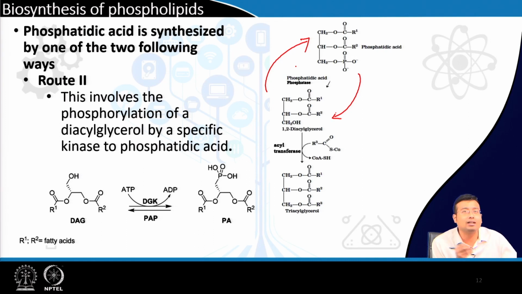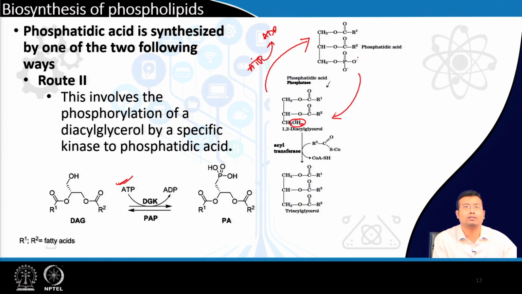So, there is another route by which, depending on the requirement, phosphatidic acid can be synthesized from diacylglycerol with the help of the enzyme diacylglycerol kinase. Whenever there is a kinase enzyme, we need someone to donate the phosphate group, and in this case it is adenosine triphosphate. ATP donates the phosphate group, one ATP is hydrolyzed and converted to ADP, and with the help of kinase, a phosphate group enters at the third position by replacing this hydrogen.